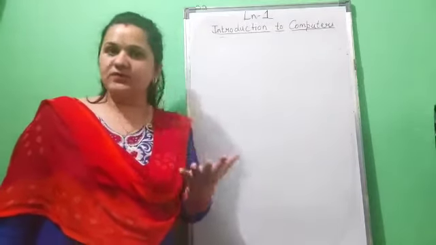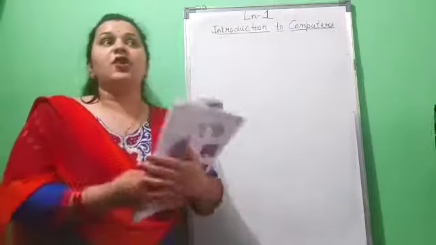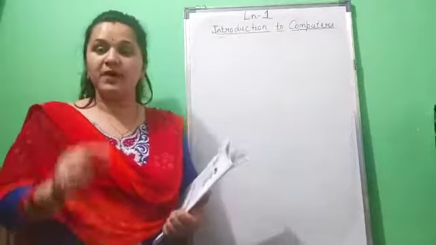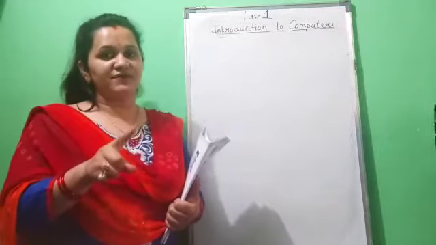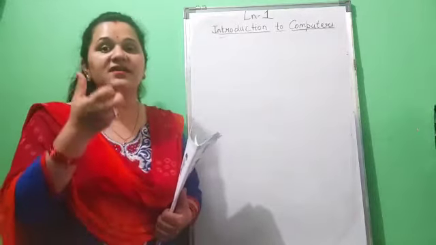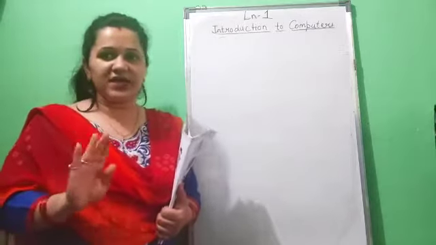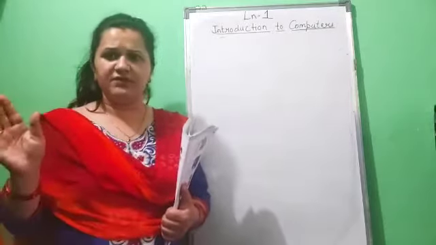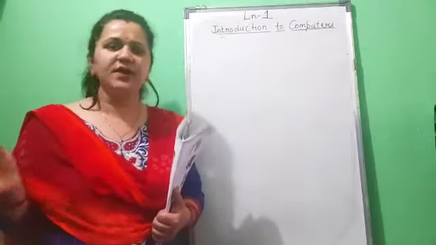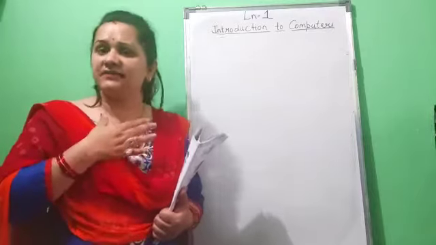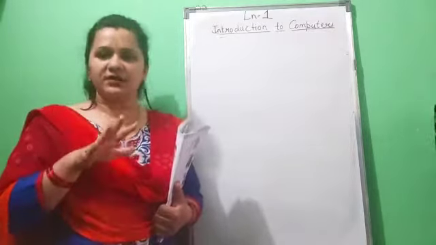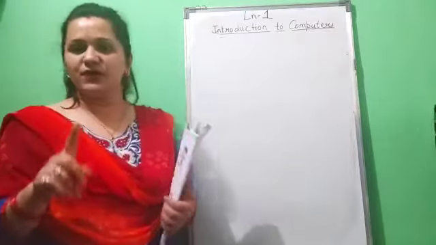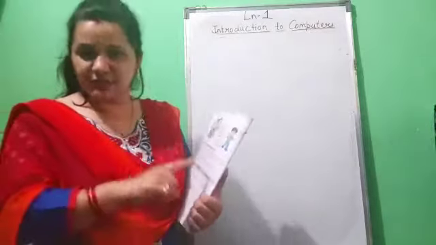Human beings cannot store information for so long. But a computer can store information, and it never forgets any information stored inside it. We humans often forget whatever we have learned, but a computer cannot forget any information stored in it.